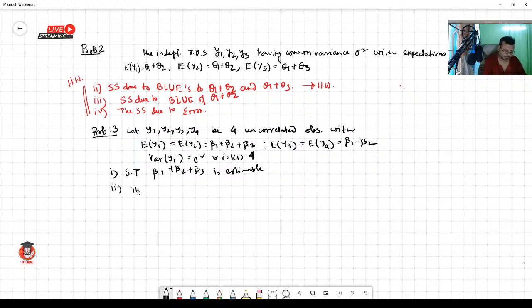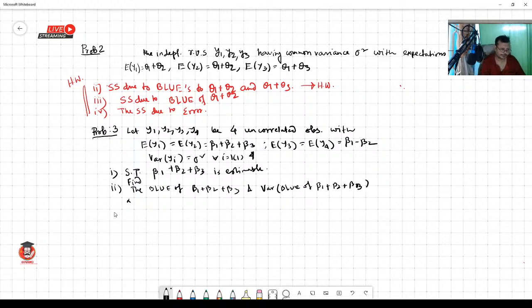Find the BLUE of beta 1 plus beta 2 plus beta 3, and then the variance of the BLUE of beta 1 plus beta 2 plus beta 3.